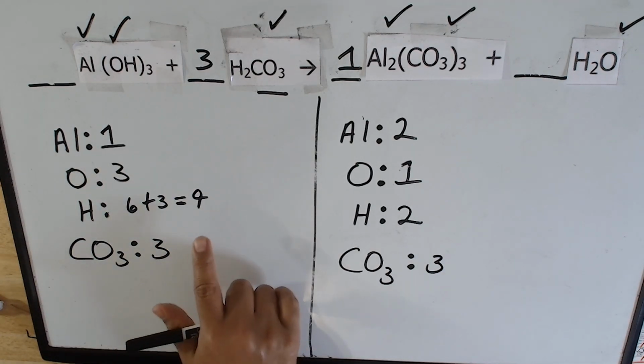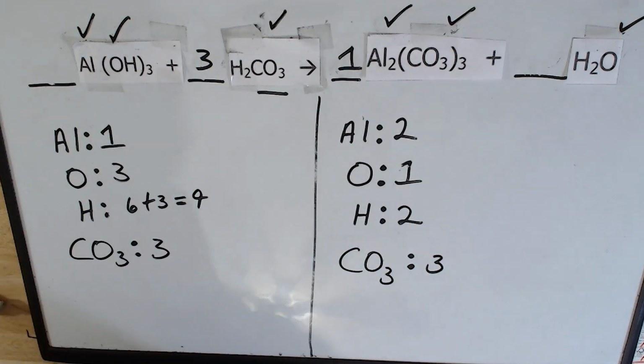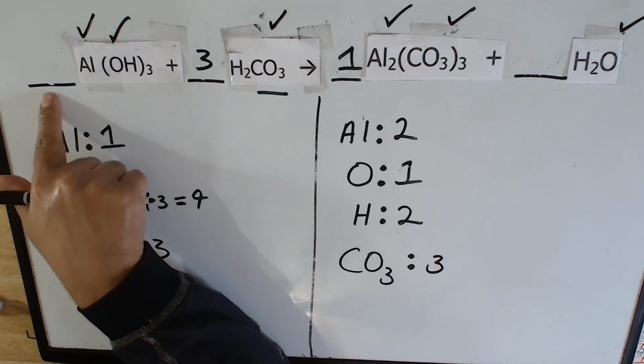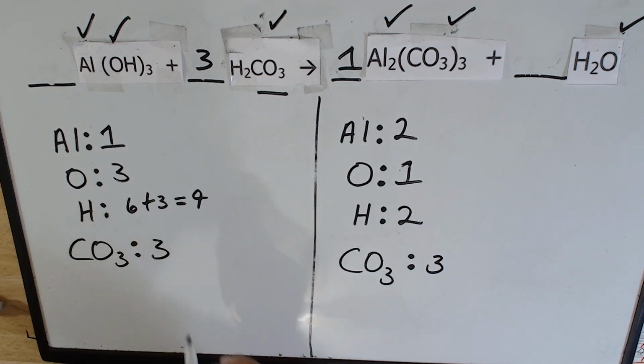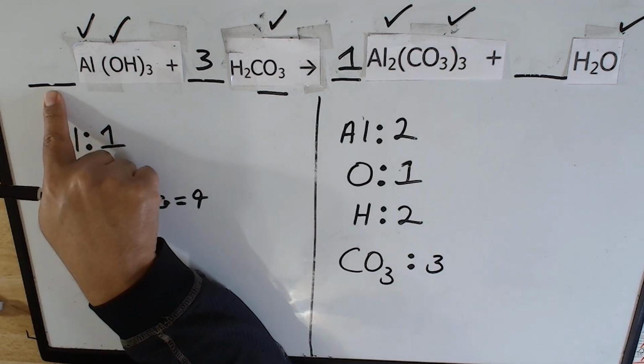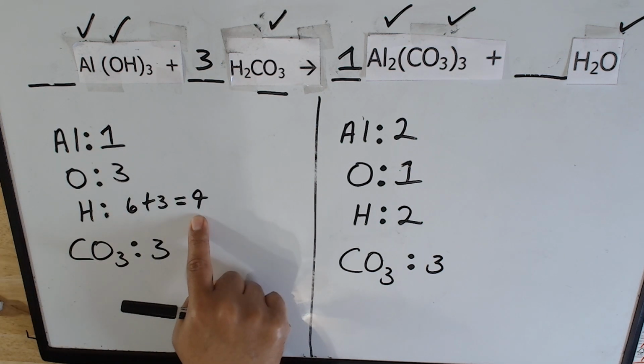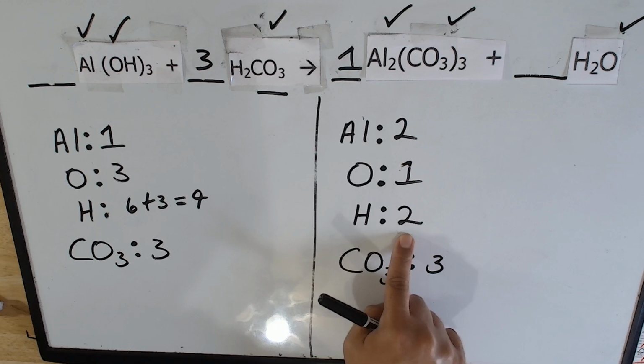Now, we have a total of 9, but notice that we have not written anything here for the coefficient. So the minute that I write something in here, this number is going to change, the number of atoms for hydrogen. So I have a 2 over here.